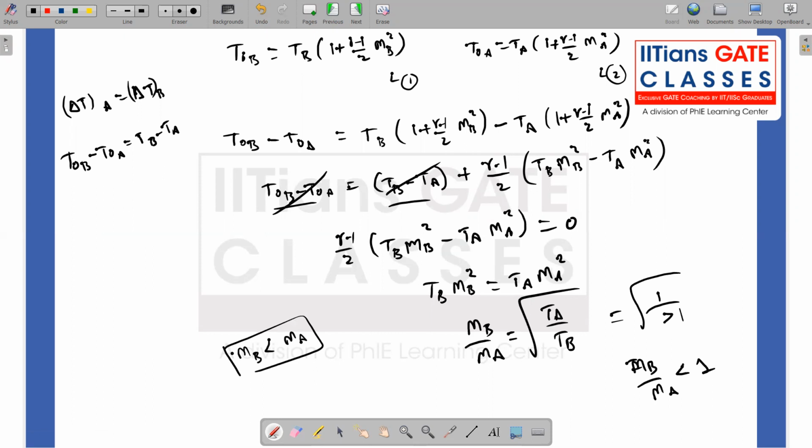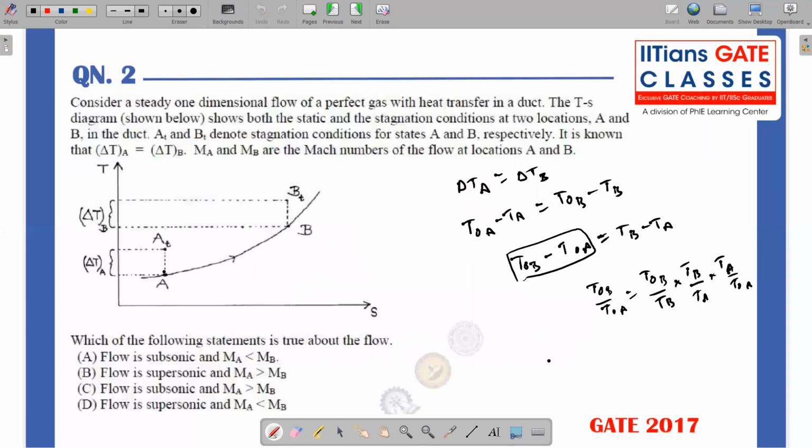Now look at the options very carefully. Wherever MB is greater than MA, you can strike out that option, because we just solved that MA is greater than MB.